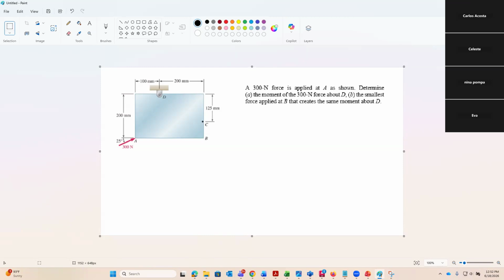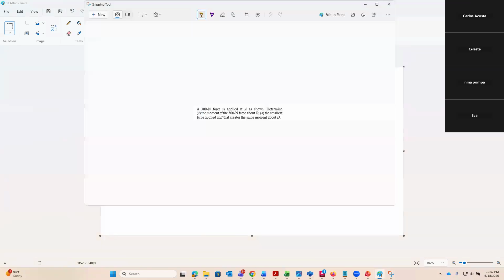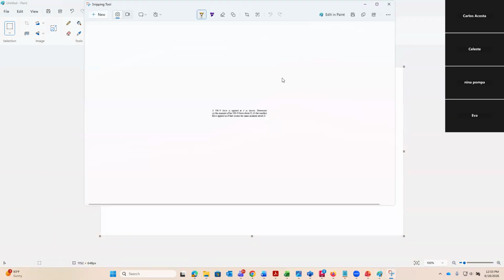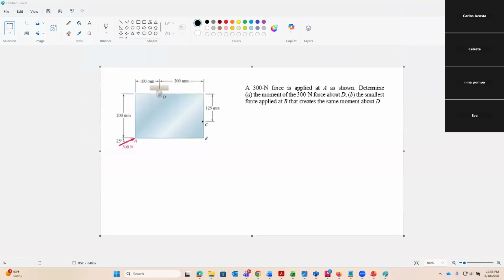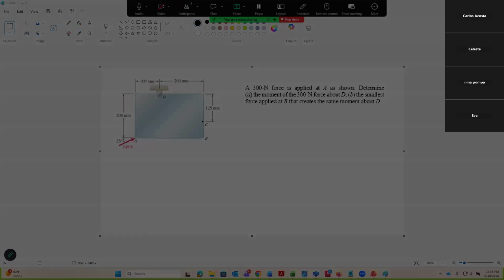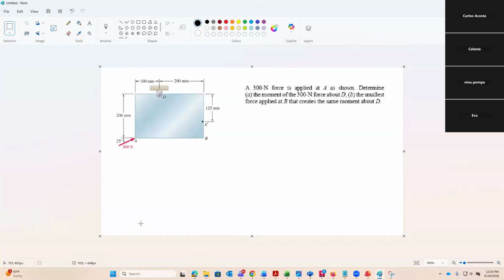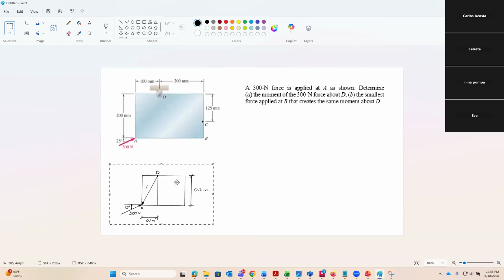All right. So one way to do this is to create the triangles. And I actually have that already done here, so instead of drawing it, I can just copy paste that. If they give you millimeters, always take it to meters. If they give you inches, always take it to feet.